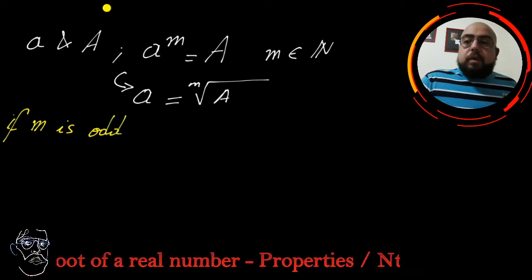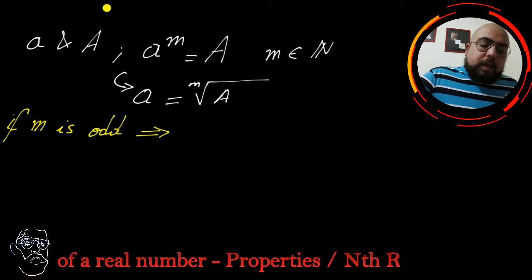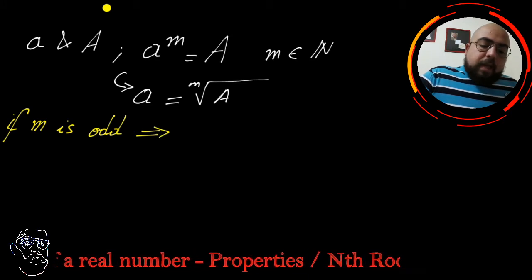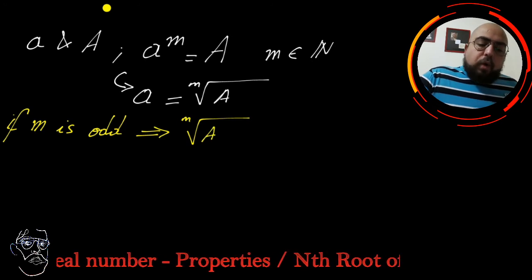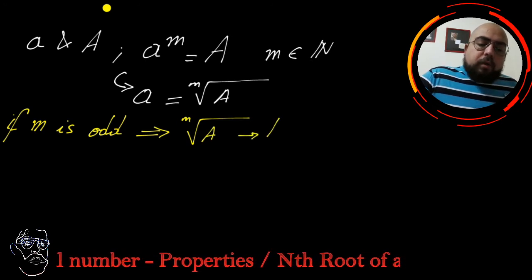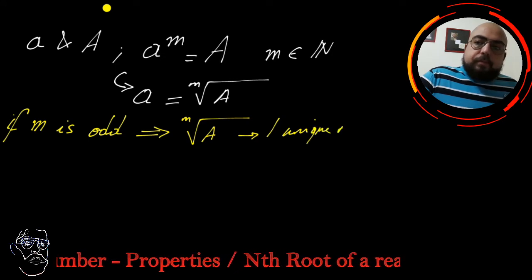If m is odd, you can simply say that this mth root of A will give you one unique solution, or one unique root.